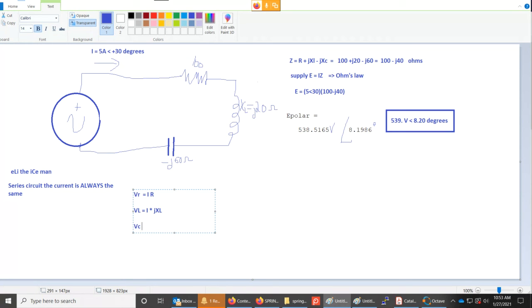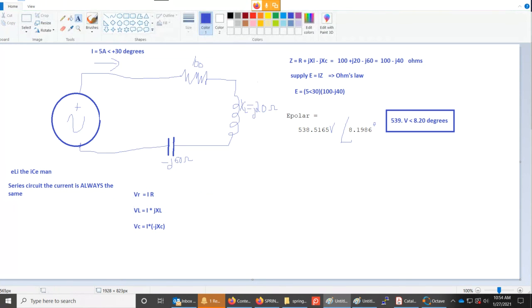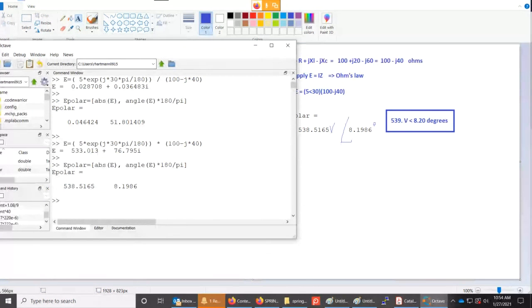And the voltage in a capacitor is I times minus jXC. And I've got the minus signs here. It's the minus j or plus j, okay? So if we want to calculate these, we can come over here and calculate these.